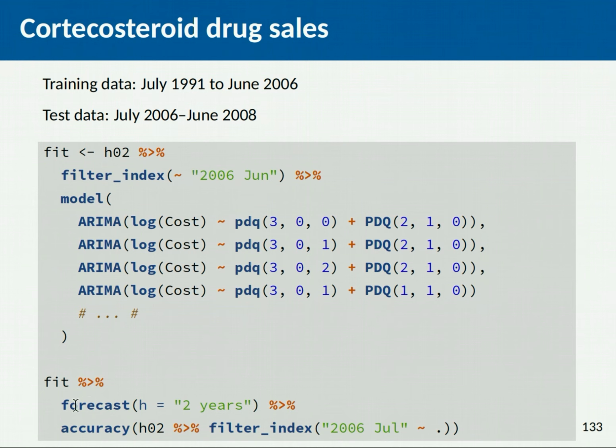We can look at the forecast for 2 years ahead, so we're forecasting from 2006 to 2008. The forecast accuracy is measured by the accuracy command, which gives you mean absolute scaled error and mean absolute error, things like that. Then we filter the index to 2006 onwards.